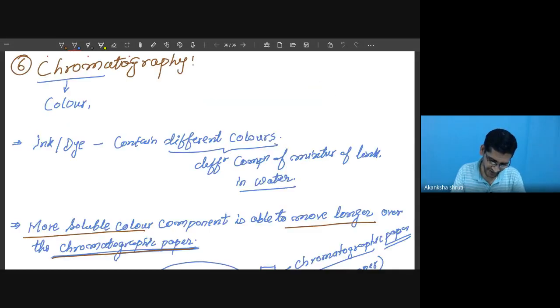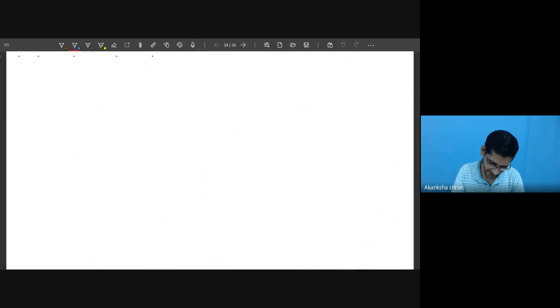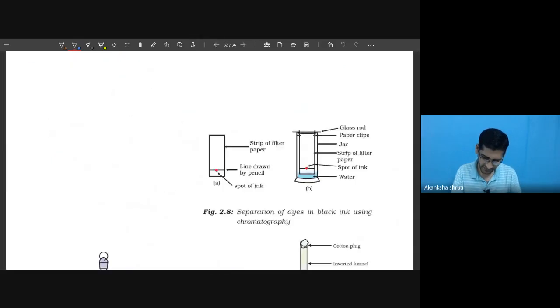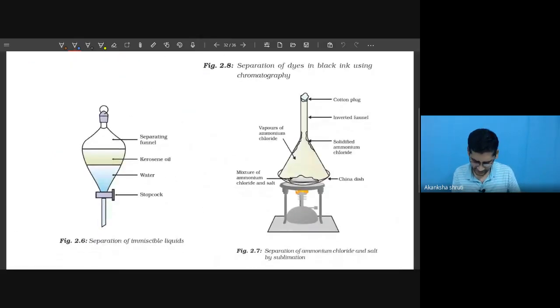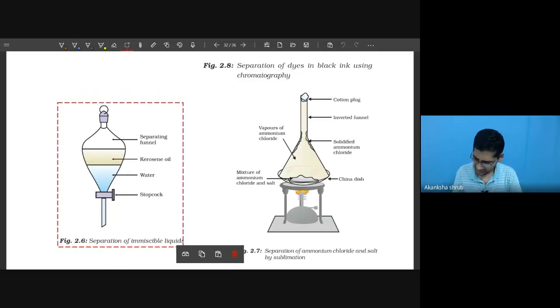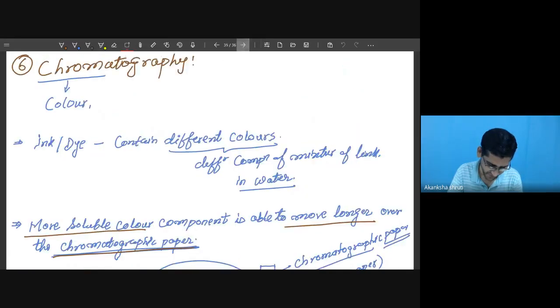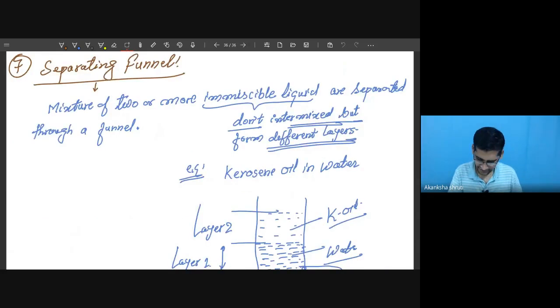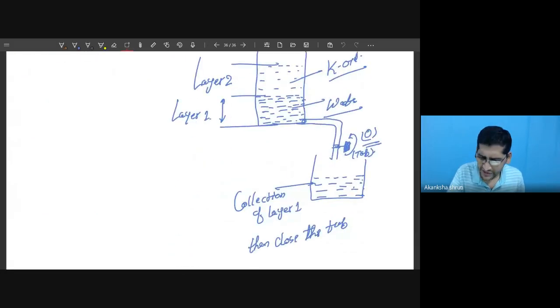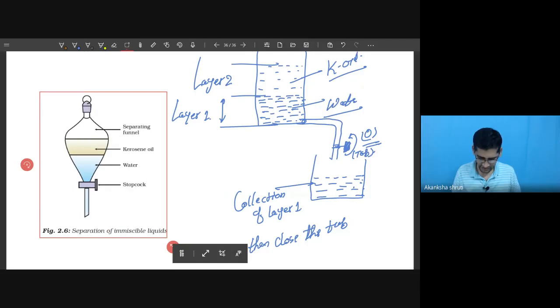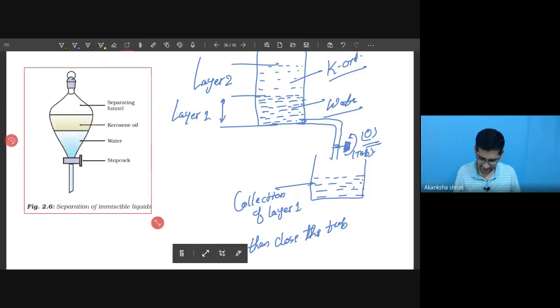In your book, the figure is also given. Let me copy that. Are you getting this? This is the figure of your book. Students, whatever simple figure we have drawn is also okay, and if you want to use the figure of our book, it's also okay.